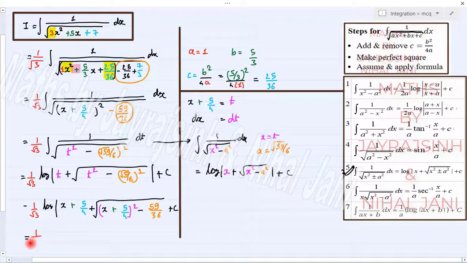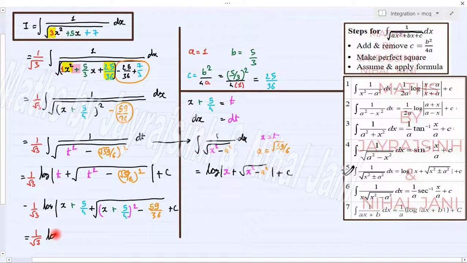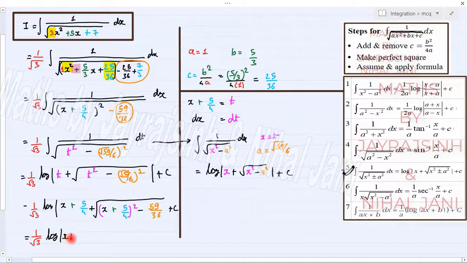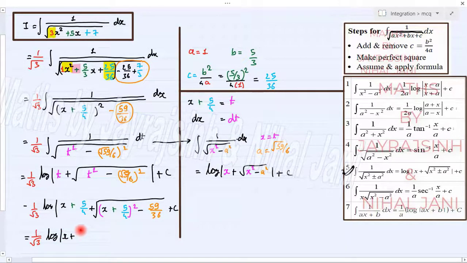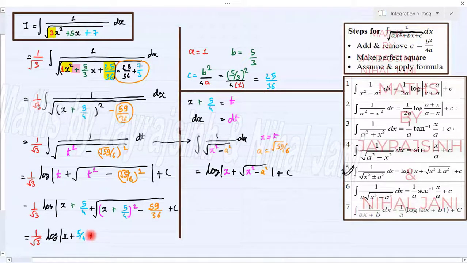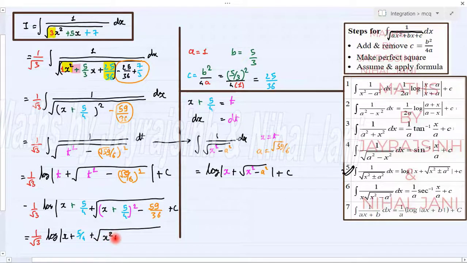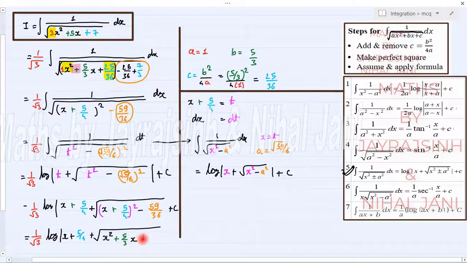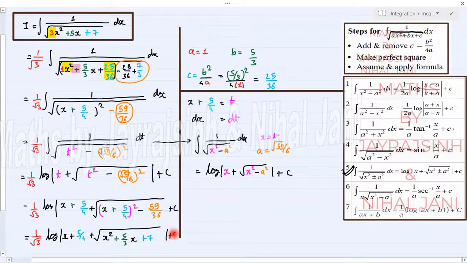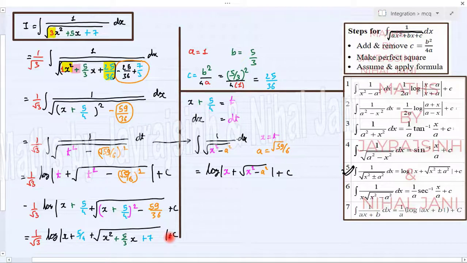After simplification, you will get 1 upon root 3 log mod x plus 5 by 6 plus under root of x square plus 5 by 3x plus 7 plus c as your final answer. Ta-da!